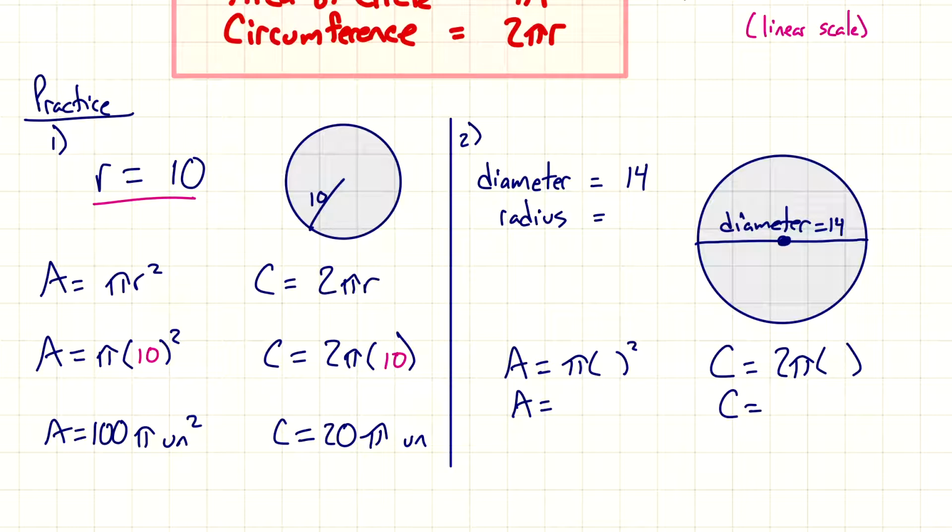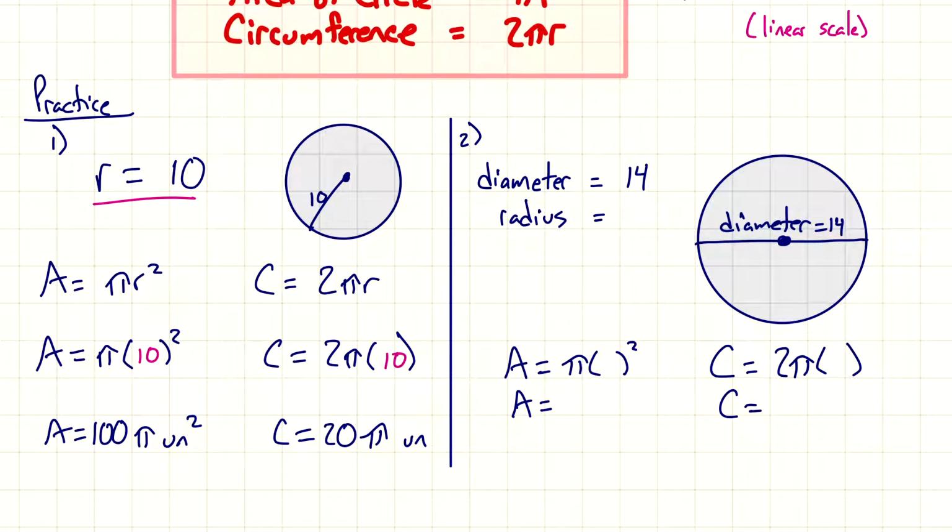Now the radius goes from the center to any point. It could be from here to here, or from here to here. Any point on the circle could be considered the radius. So the question is, if the diameter is 14, what is the radius of this circle?